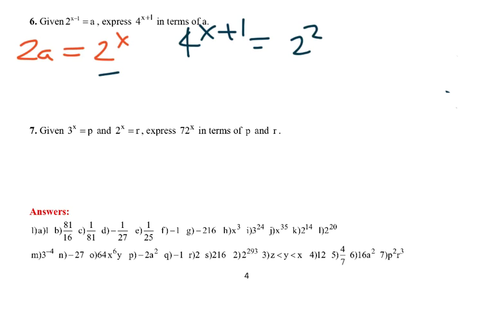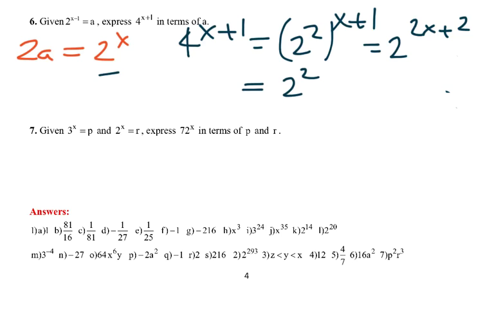So this is going to be 2 squared x plus 1. So 2 to the power of 2x plus 2, which is the same as 2 to the 2x times by 2 to the 2, which is equal to 4 times 2 to the power of 2x.